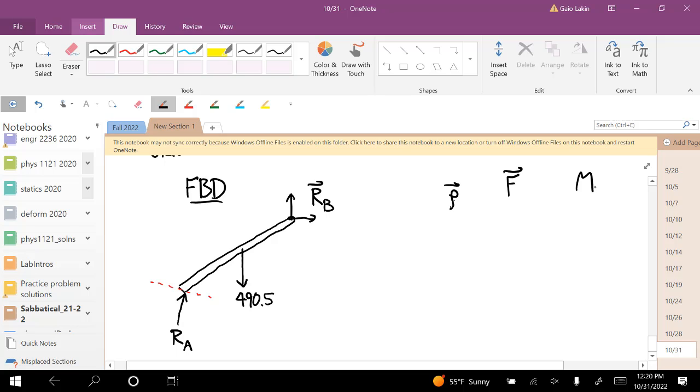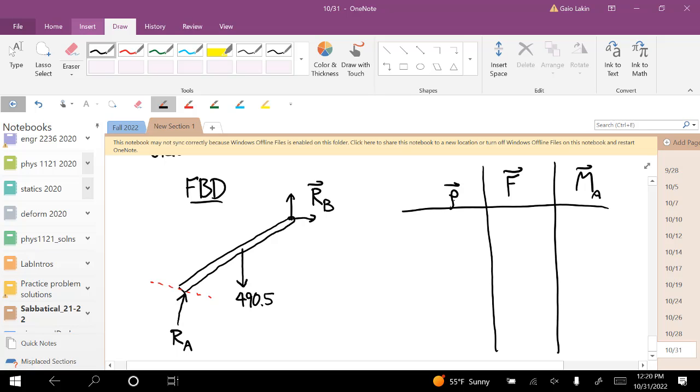And then I'll write out the table. And I'll put the about point up here to calculate this. Doesn't matter where you put it. So my row vector for RB is 0, 0.